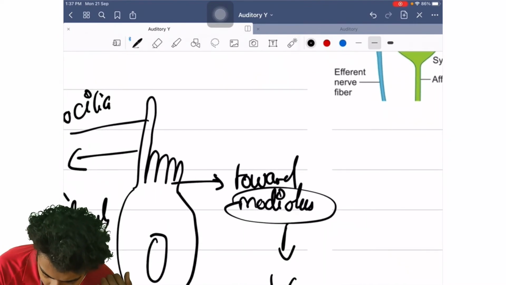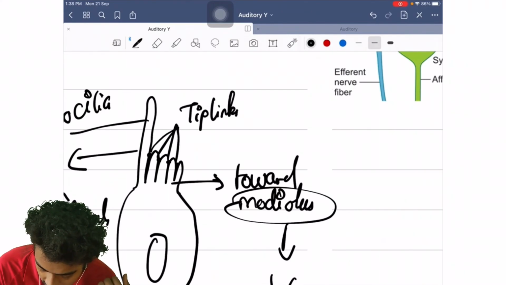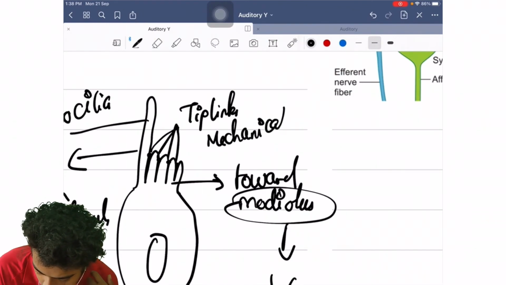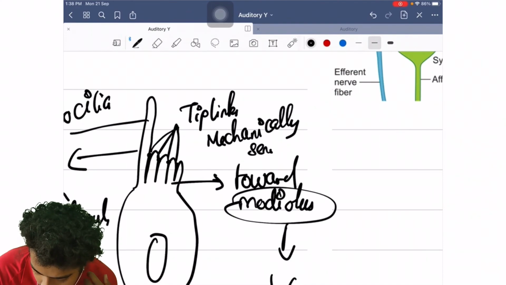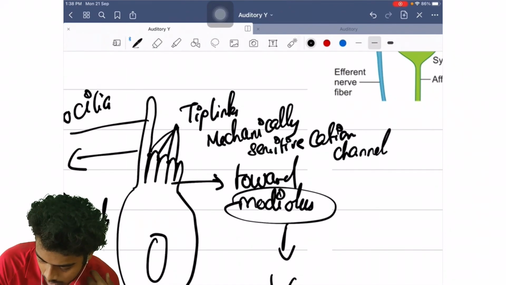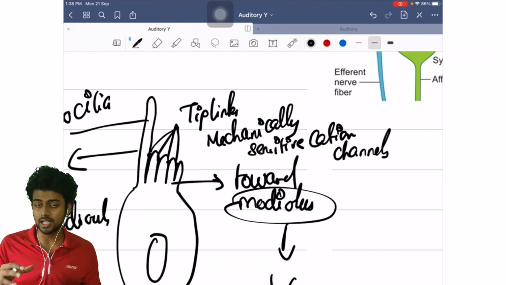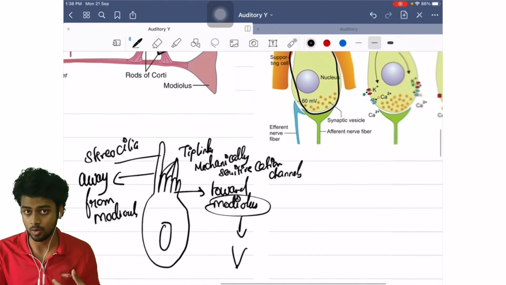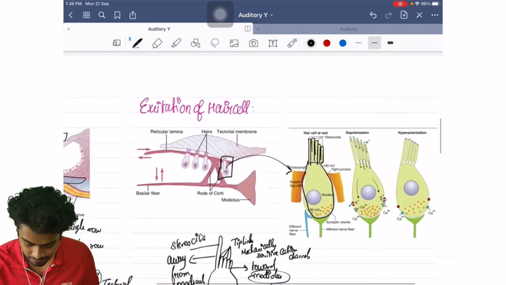In between them, these stereocilia are connected by tip links. At this junction, the mechanically sensitive cationic channels are present. We will see that role in our following slides.